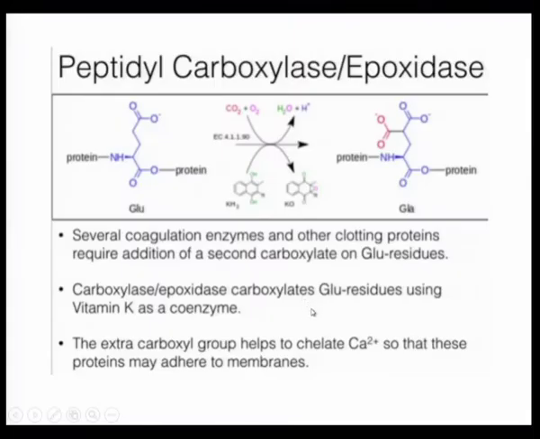In the earlier examples I elaborated on the necessity of this amide linkage in the cross-linking mechanism, and now I show you how gamma carboxylation is likely to happen regularly on all the clotting proteins. So you see there, carboxylase, epoxidase carboxylates glutamic acid residues using vitamin K as a coenzyme to carry out this reaction. So you see the extra carboxyl group.